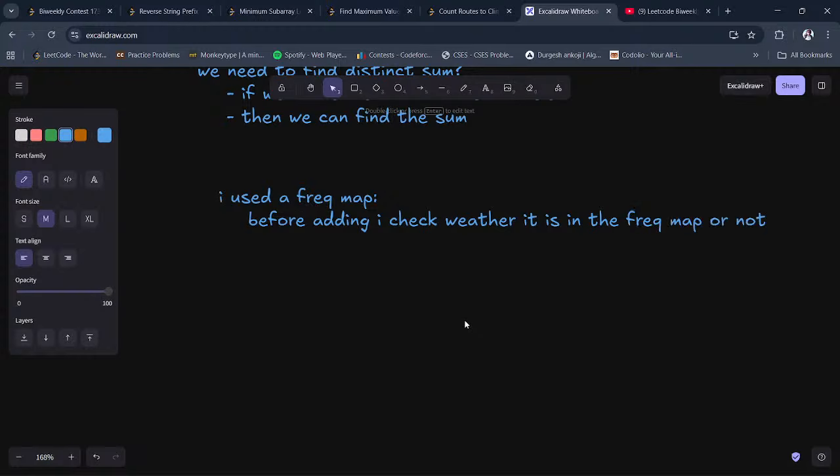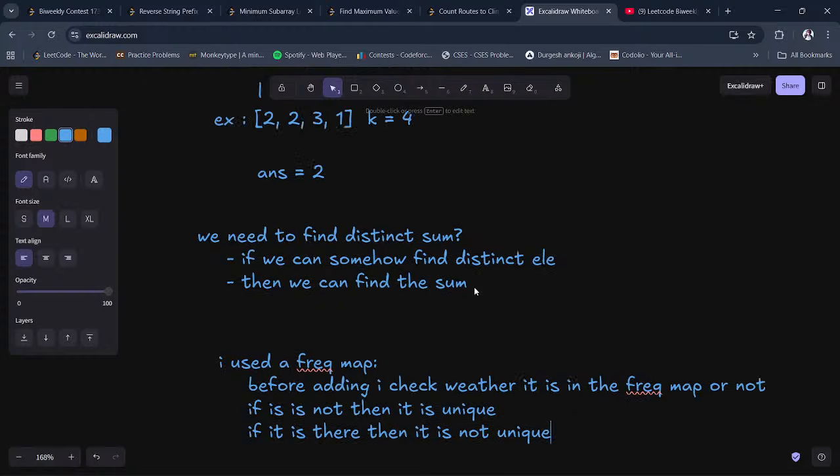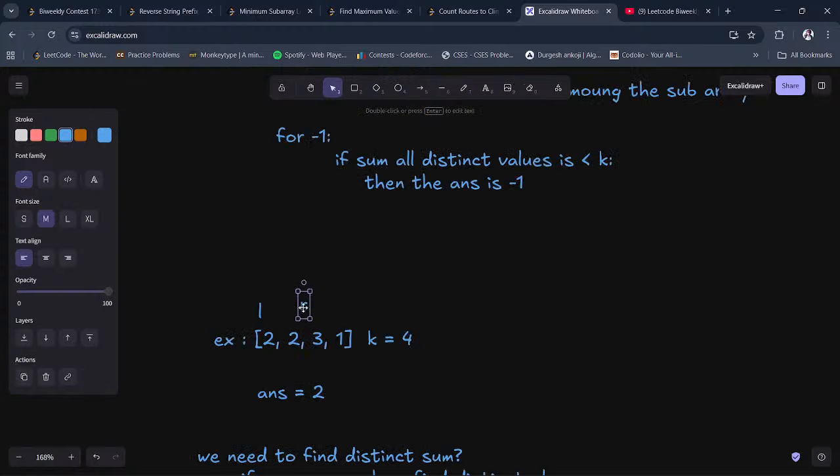If it is not, then it is unique, right? If it is there, then it is not unique. This is a simple approach.